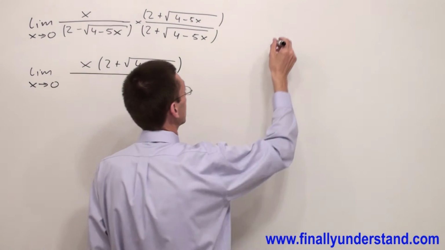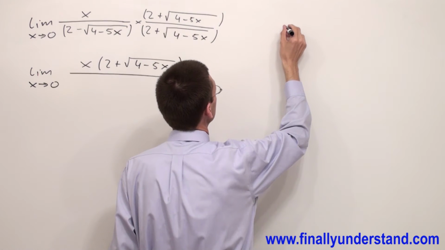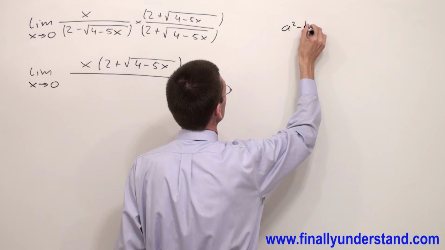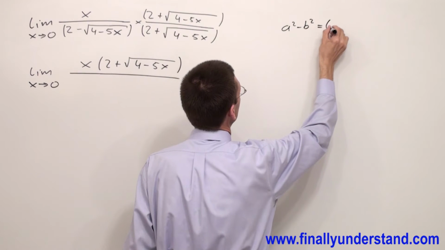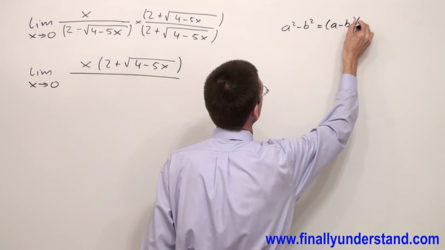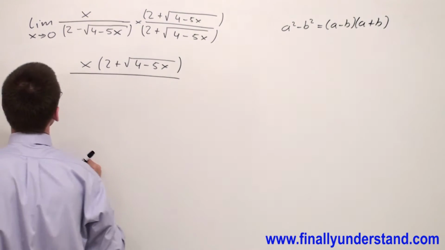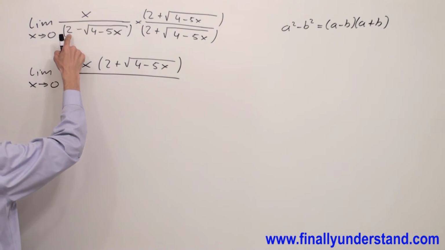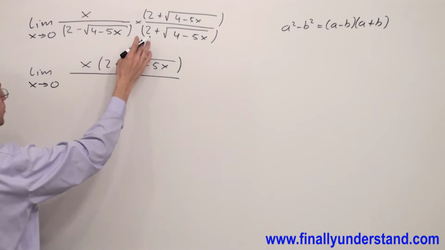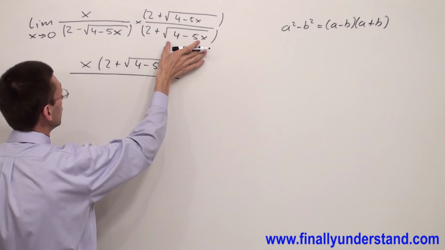Keep in mind the formula for the difference of two squares says a square minus b square is equal to a minus b, a plus b. So this is my a, this is my b, this is my a, and this is my b.